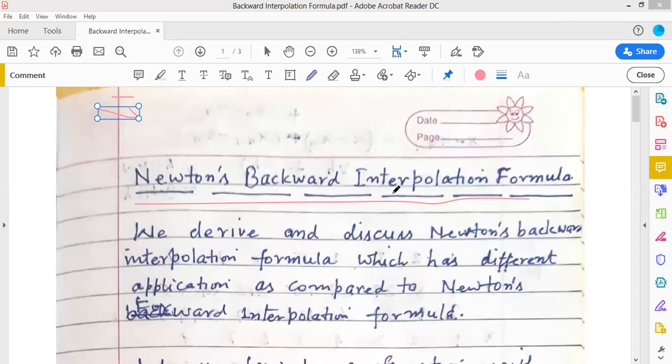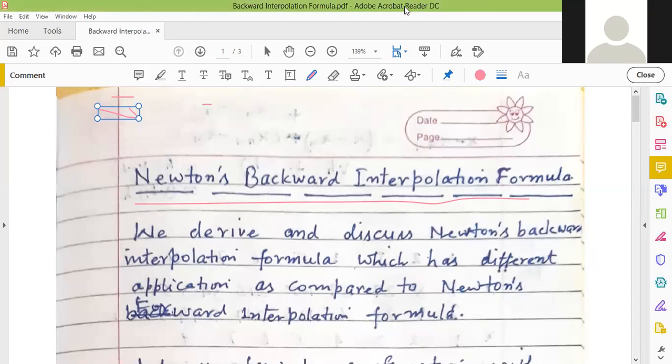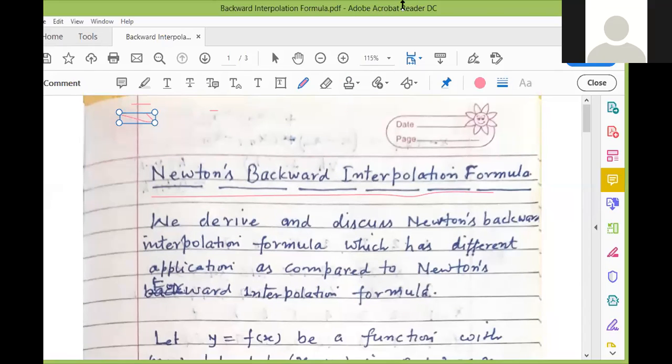The main purpose of this method is to derive Newton's backward interpolation formula, as well as to discuss its applications. So today we are going to discuss this method in two parts. First, the derivation, and second, the application of this method.